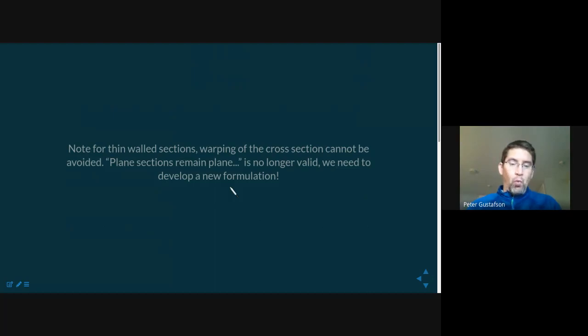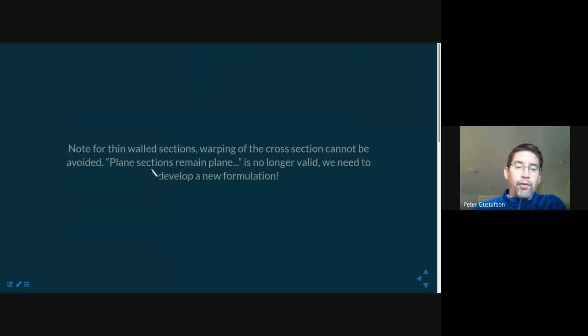Now, one of the things that we've talked a little bit more about now is this idea of warping. Warping is the displacement in the z direction relative to the other portions of the cross section.